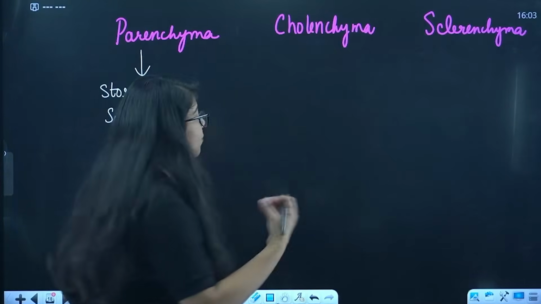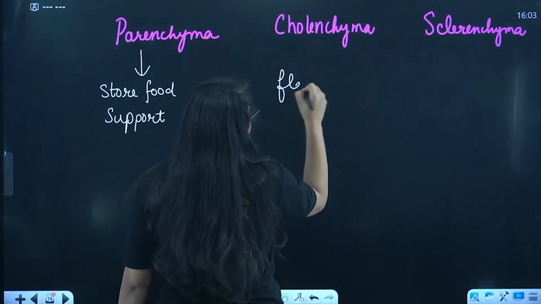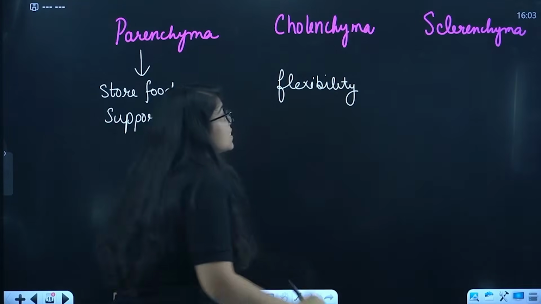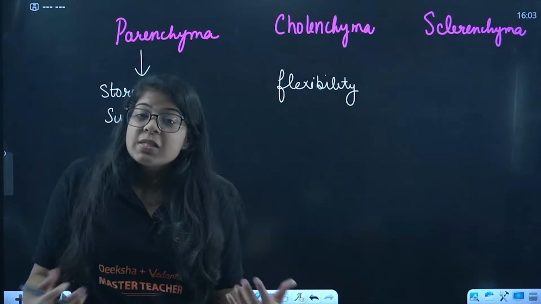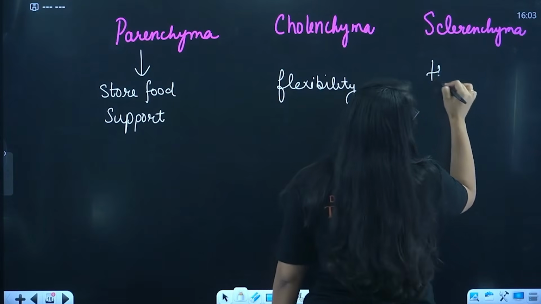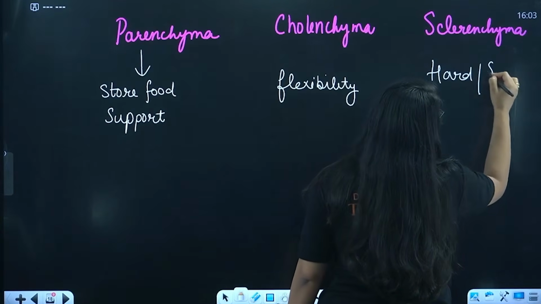Collenchyma gave flexibility. And sclerenchyma, beta, is basically hard and stiff.